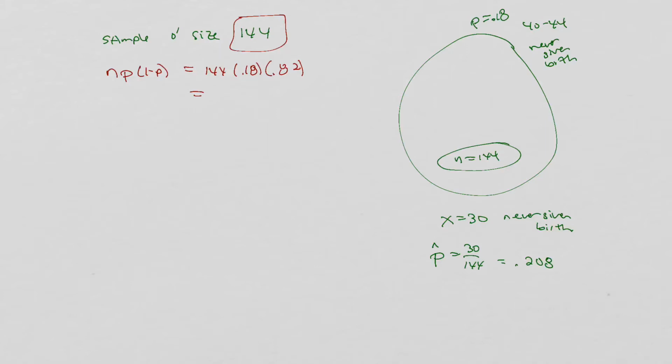Right? And let me see what this number is. 144 times 0.18 times 0.82. Yeah, it's like 21.25-ish, something like that. Okay. All right. So we can definitely use these types of settings. So let's see.